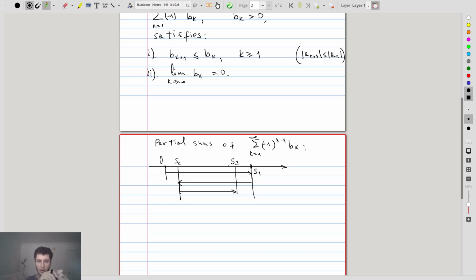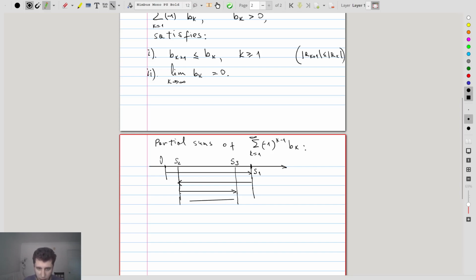Now every time I make a little jump, the length of this jump is shorter than the length from the previous step because of this assumption. Right, so this is S3. Now for the fourth partial sum, I'm going to make a jump to the left because the fourth term in our series will be negative again, and I will be jumping left.